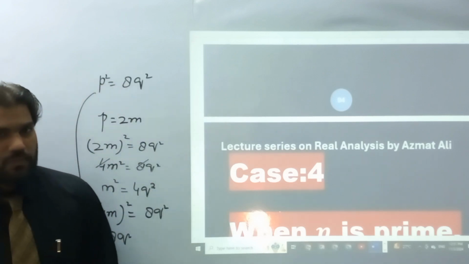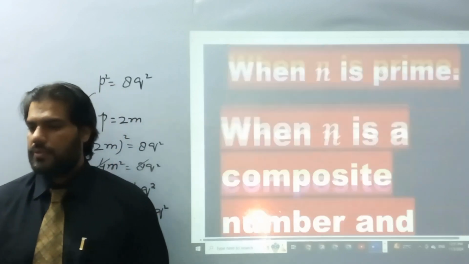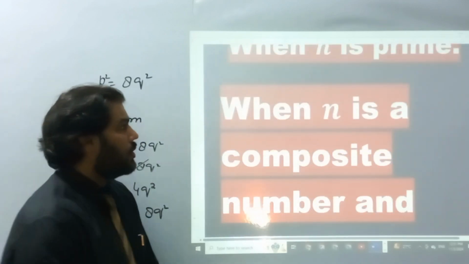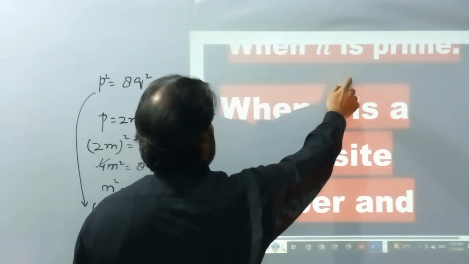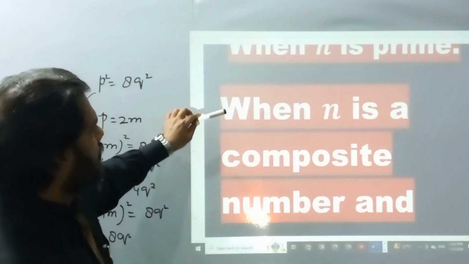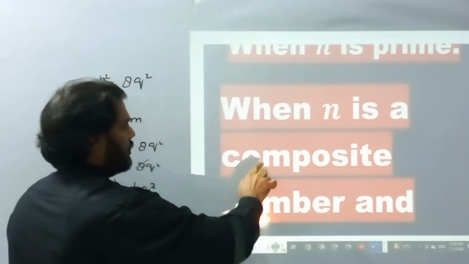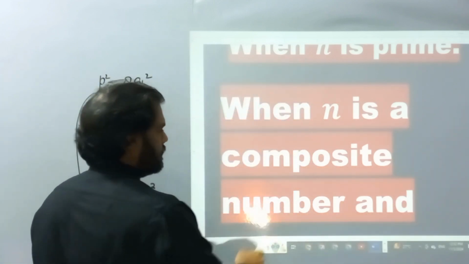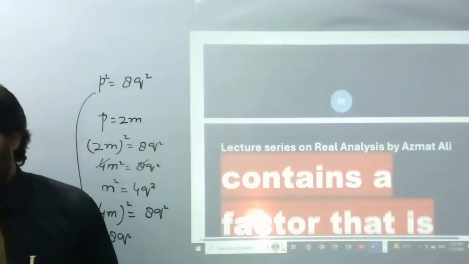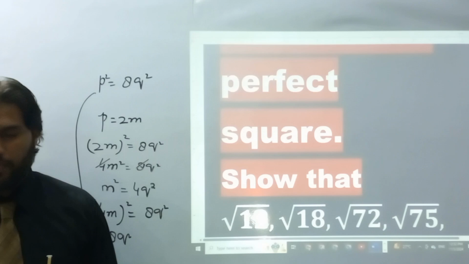Now we will discuss the last case, number 4, when n is a composite number and contains a factor that is a perfect square.